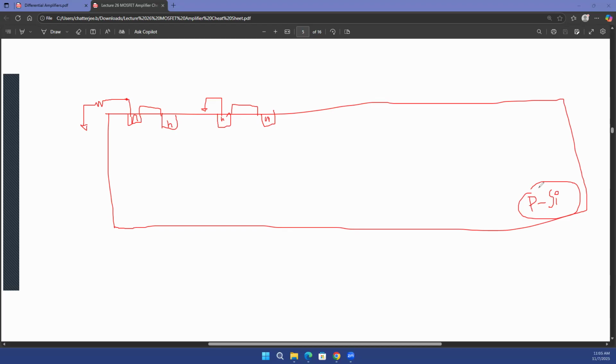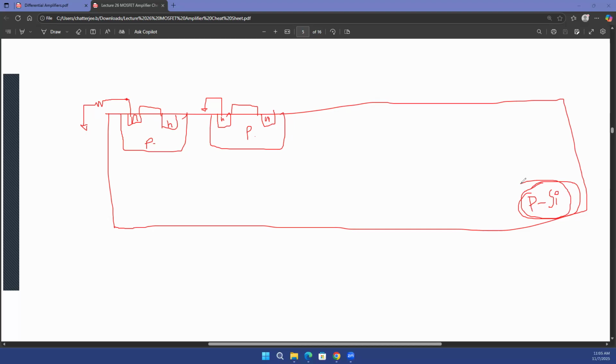What is the solution? You create each of your NMOS transistors inside a P well. This is something that you are more comfortable with because this is a picture that you had seen before: you have a p-type body, inside that you have an NMOS, and then you have another one over here. What is the difference between this p-type silicon and that p-type silicon?